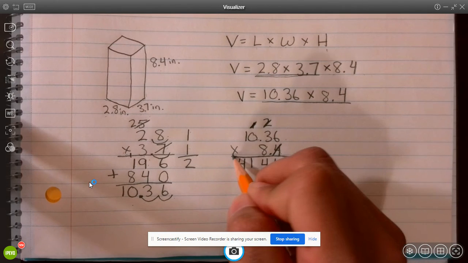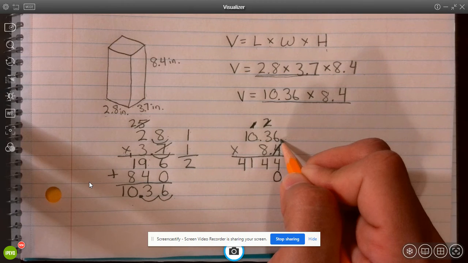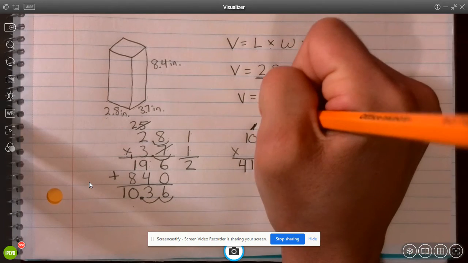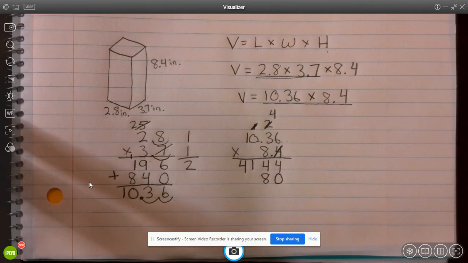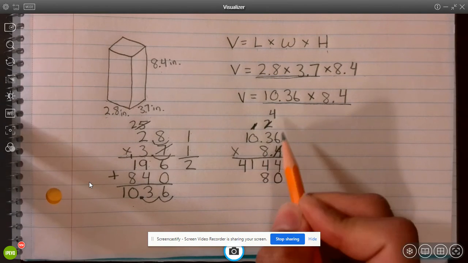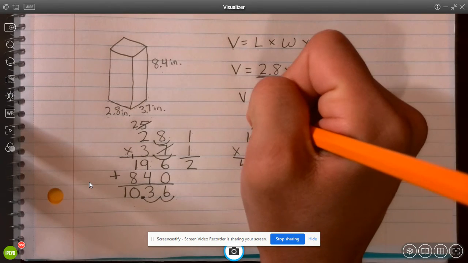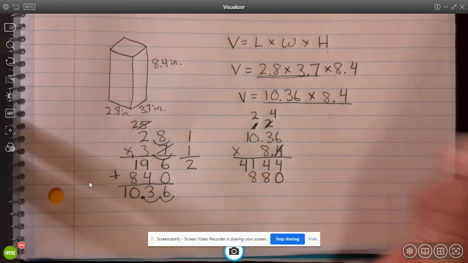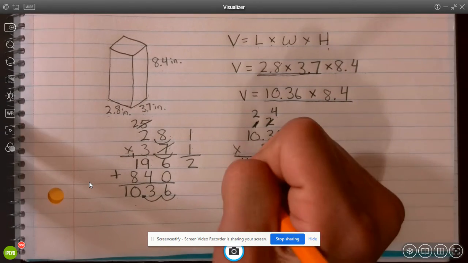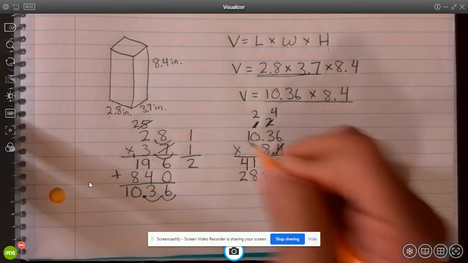8 times 6 is 48. Good. So I put the 8 down, carry the 4. 8 times 3 is 24, plus 4 is 28. Carry your 2. 8 times 0 is 0, plus 2 is 2. And 8 times 1 is 8.